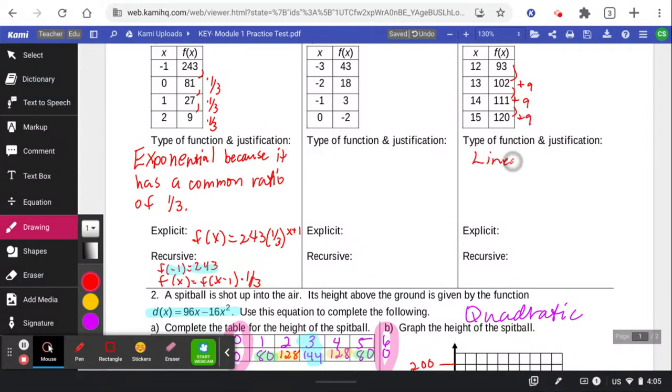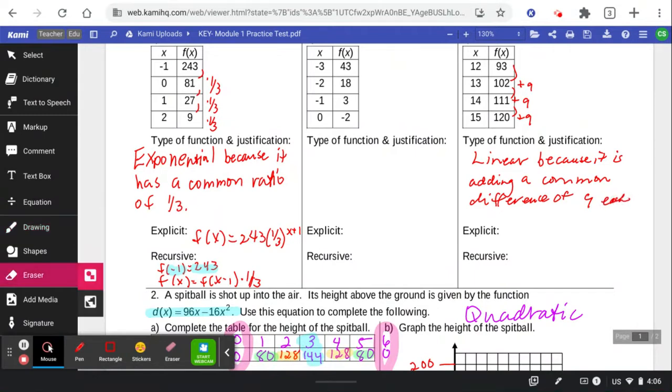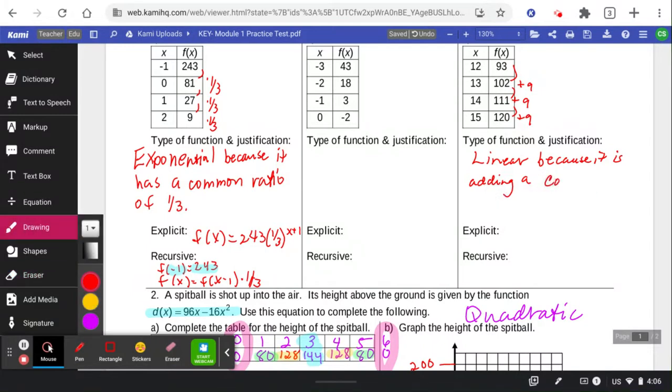So we would say this one is linear because, sorry, this is hard to read, adding a common difference each time.